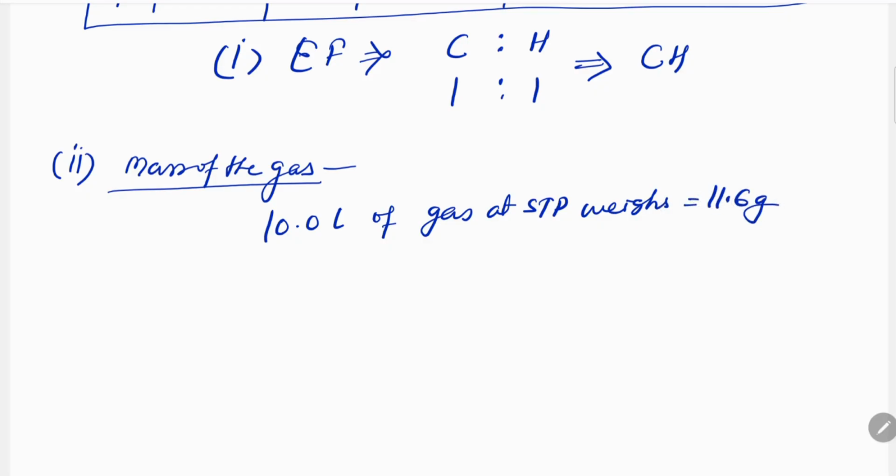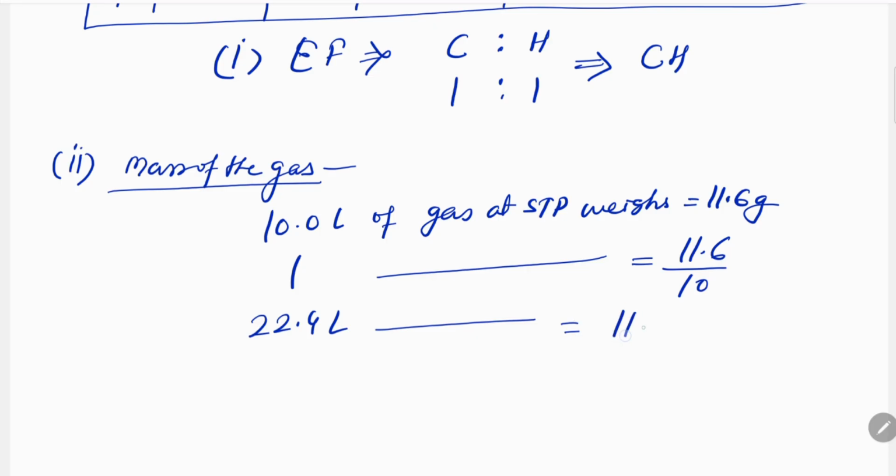If 10 liters weighs this, then 1 liter is going to weigh 11.6 divided by 10. And we know that 1 mole of a gas at STP is equal to 22.4 liter. So it is 11.6 divided by 10 multiplied by 22.4. When we calculate it, it comes out to be 25.984 grams, which is approximately 26 grams.